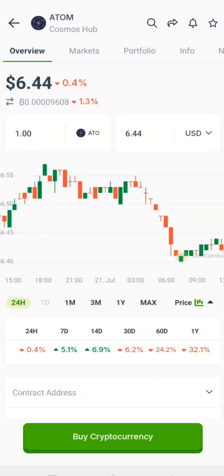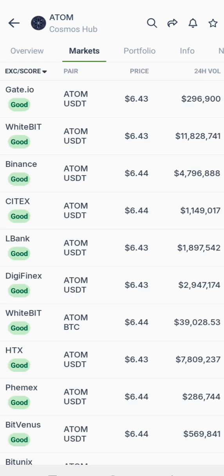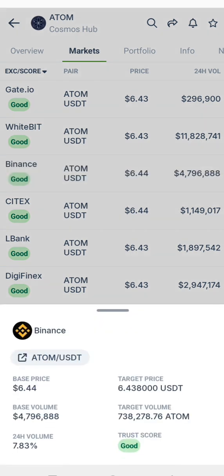Let's look at the market here. This is how the market will be going. So these exchanges have been rating this market good. Binance has been rating this coin good.